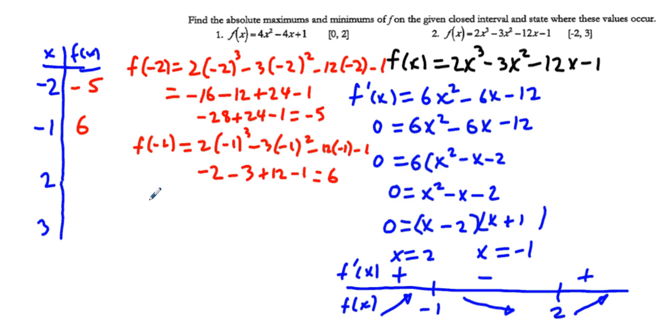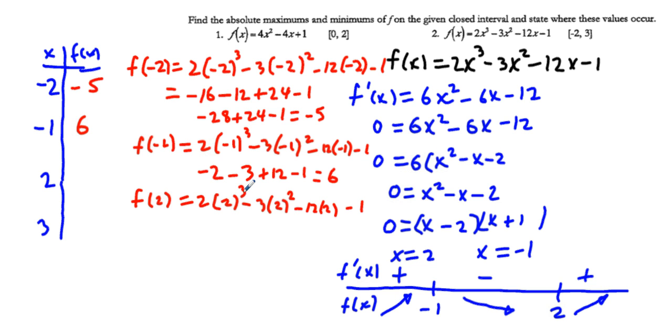Now we find f of 2, which equals 2 times 2 cubed minus 3 times 2 squared minus 12 times 2 minus 1.